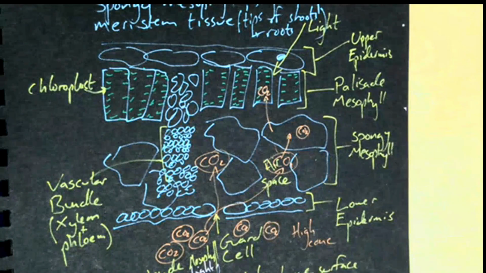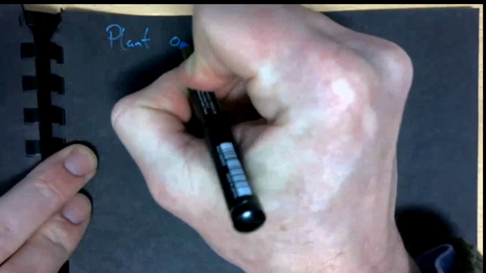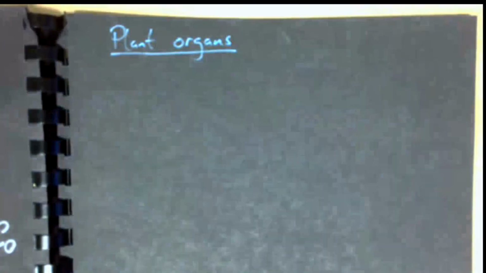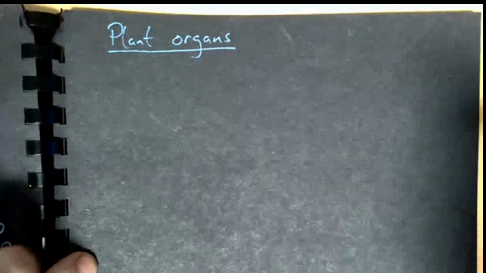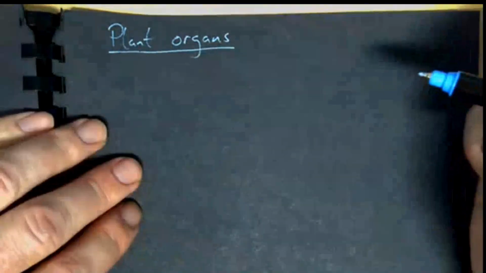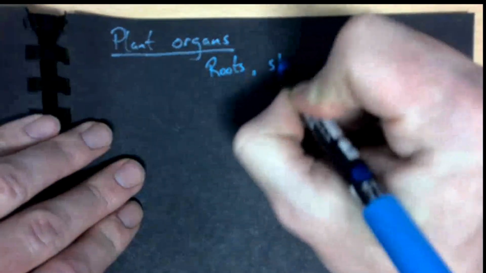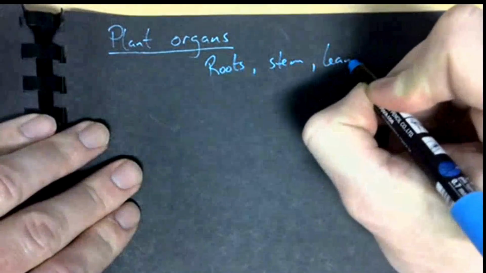Okay, let's talk a little bit about the organs of the plant. So the organs of my plant are my roots, my stem, and my leaves.